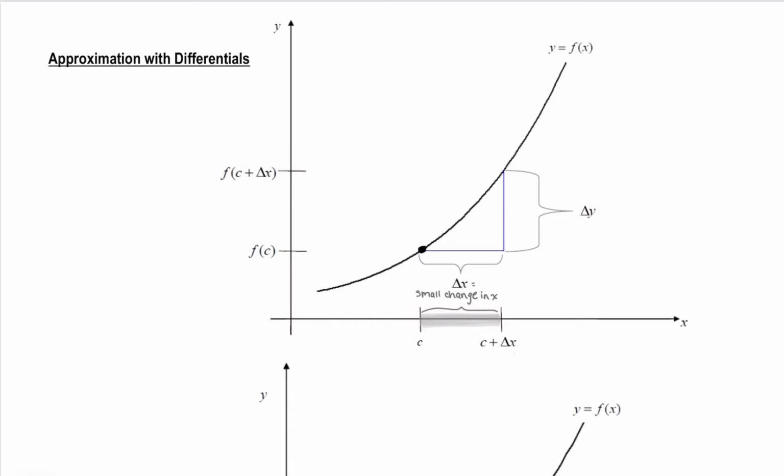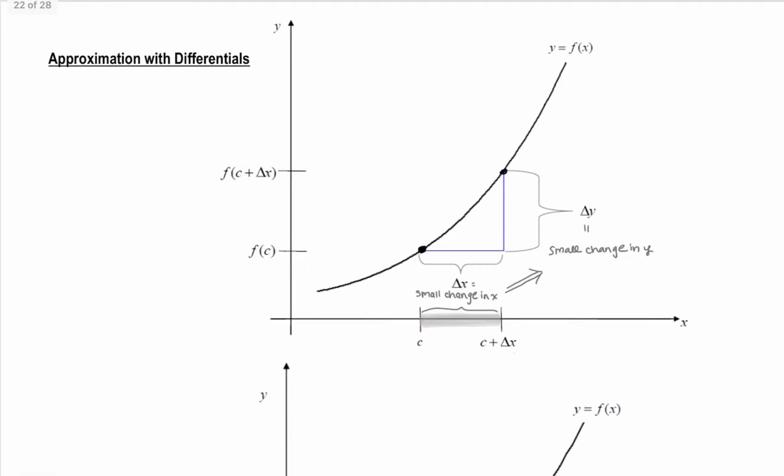This small change in x on this function is going to result in this delta y, the actual change in y, somewhat of a small change in y. So we're talking about very small changes here, and we're on the actual function. Now, what is the actual delta y going to be equal to?